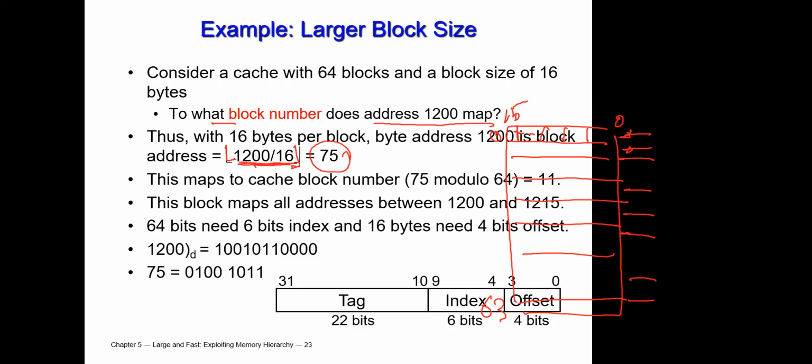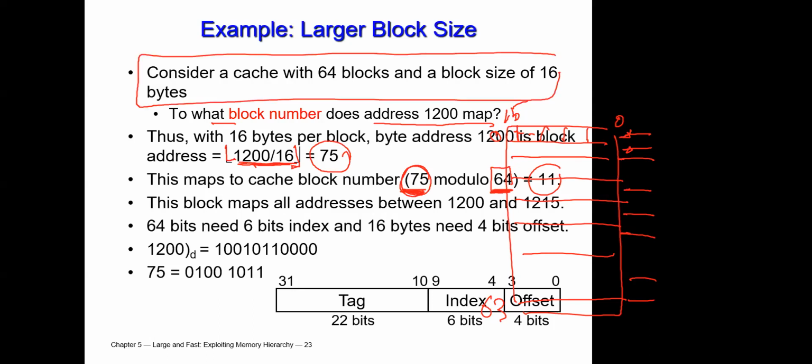And then after I know that this is 75, where exactly does number 75 belong in my 64-block cache? This actually will give you 11. In another sense, you have a very big memory that has blocks, and each block has 16 bytes.